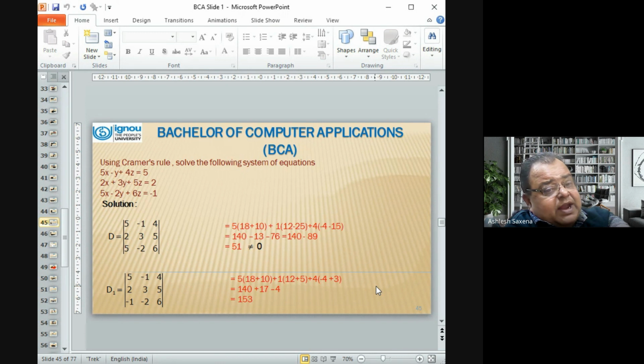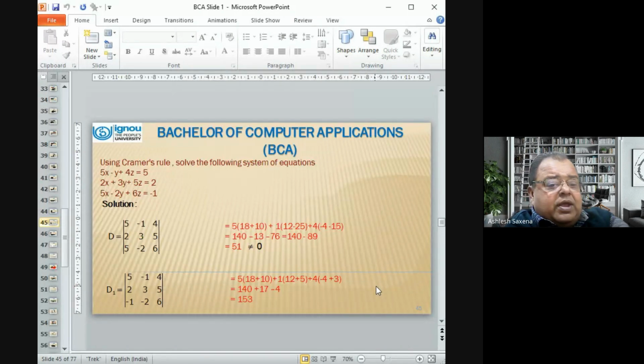First one is plus, second one is minus, minus into minus is plus, so plus 1 into 12 minus 25, plus 4 times minus 4 minus 15. On solving, you get 140 minus 13 minus 76, which is 140 minus 89. That means you are left with 51, and 51 is not equal to 0, so we can move further.